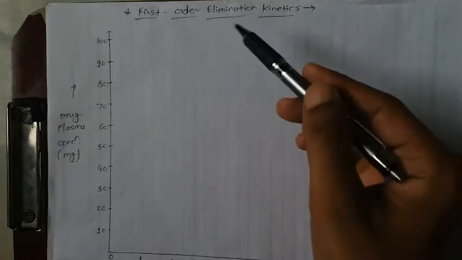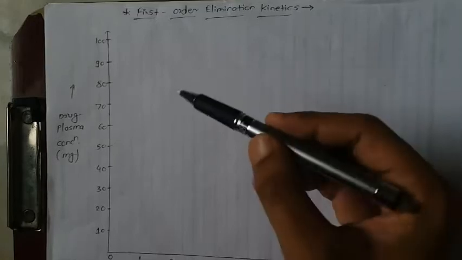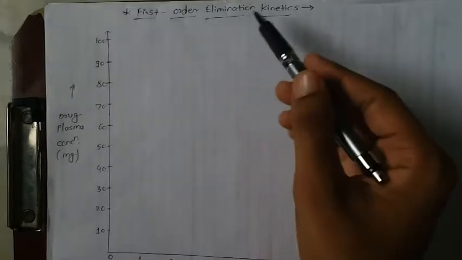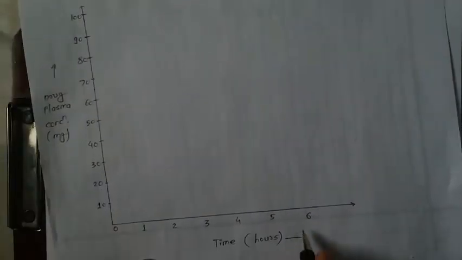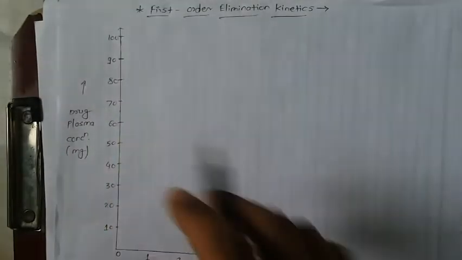As the concentration of the drug in the body increases, the elimination of the drug also increases. On the x-axis we have time in hours, and on the y-axis we have drug plasma concentration, that is the concentration of the drug in the blood.